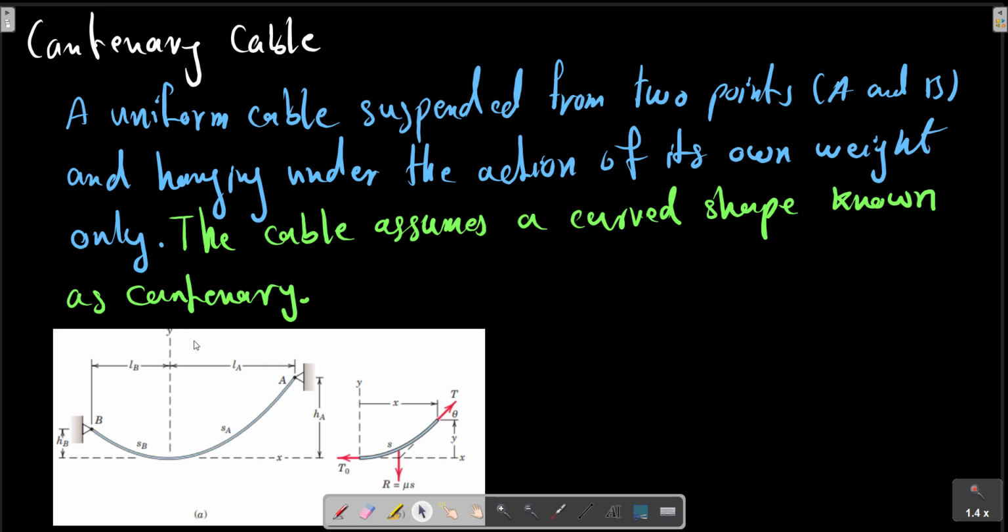The free body diagram of a finite portion of the cable of length S measured from the origin is shown in the picture here.